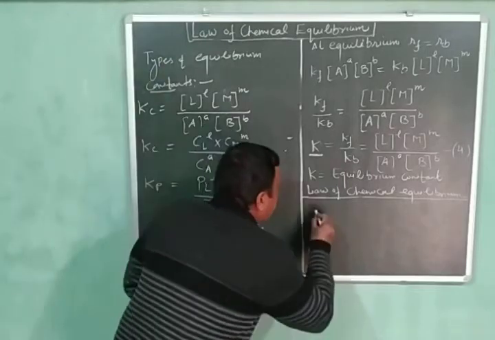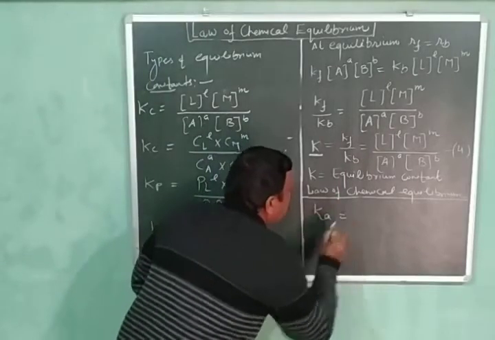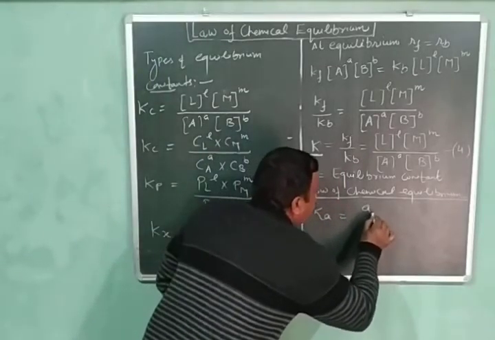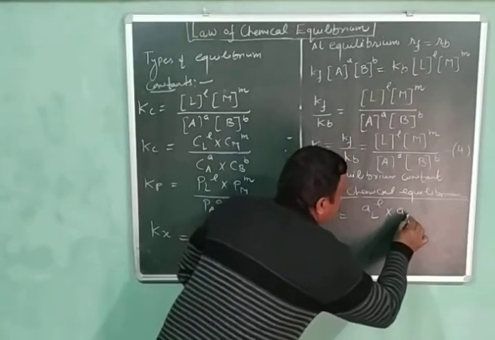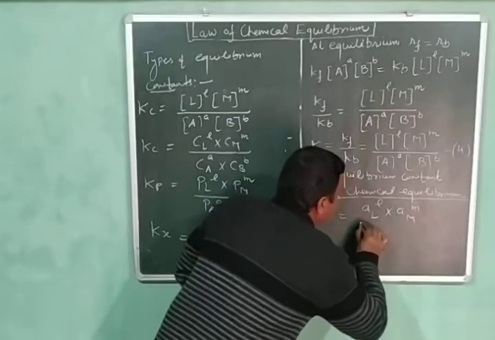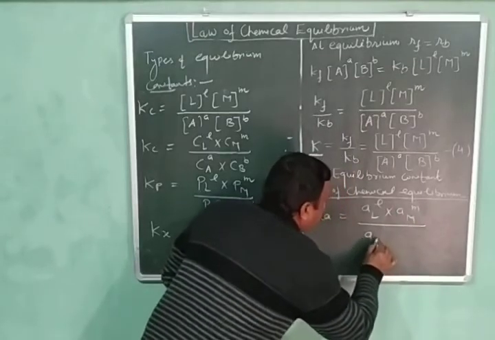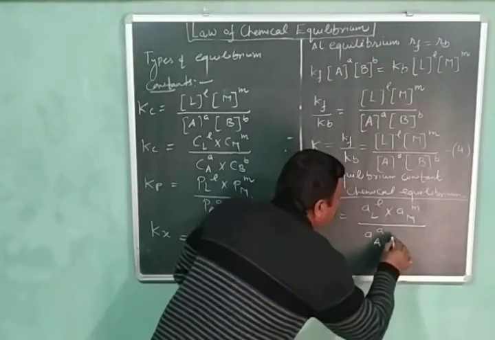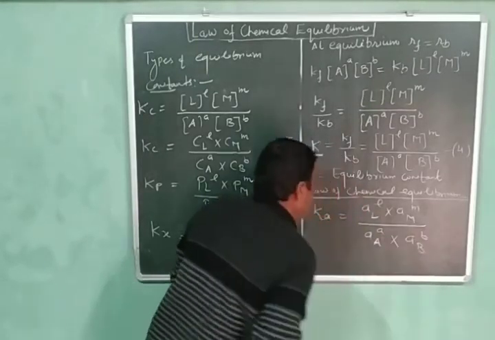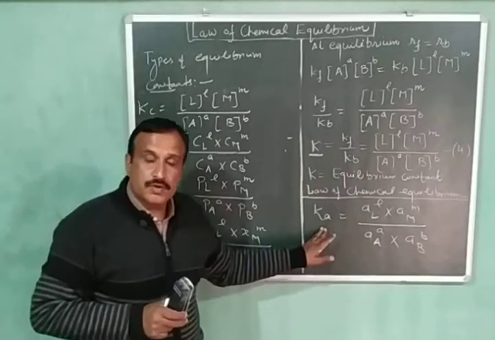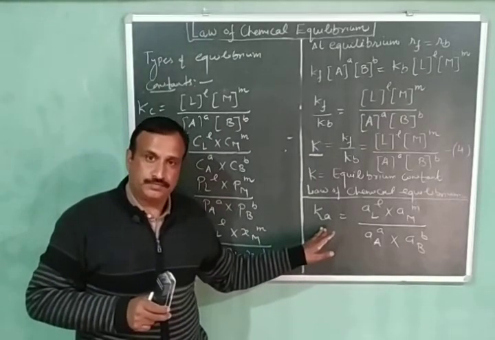Ka will be equal to the activity of Al raised to power l, likewise Am raised to power m, divided by Aa raised to power a into Ab raised to power b. So this is the equilibrium constant in terms of activities.